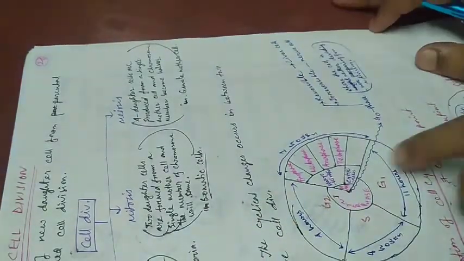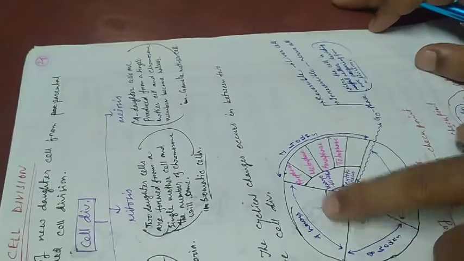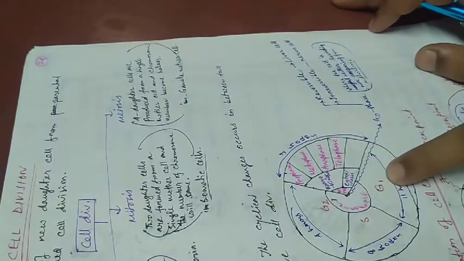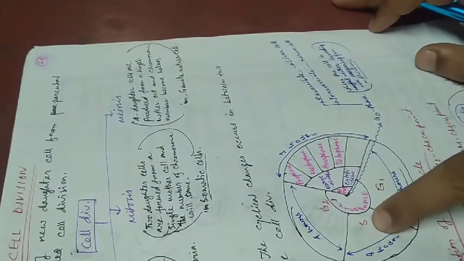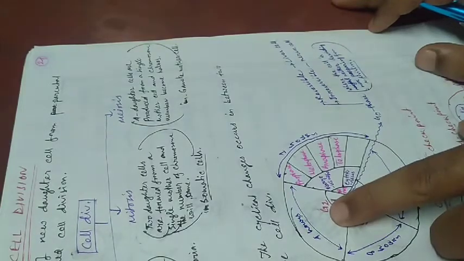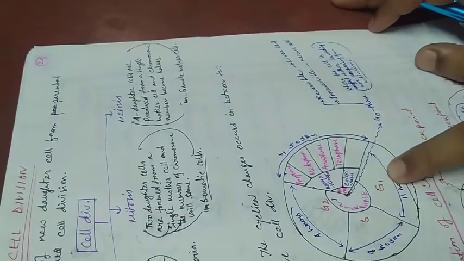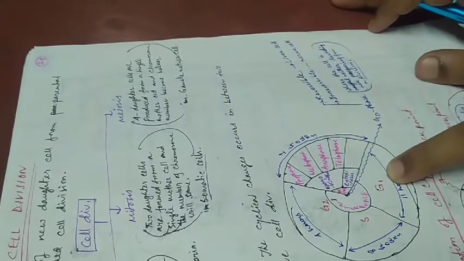We can also separate interphase into three parts: G1 or growth 1 phase, S or synthesis phase, and G2 or growth 2 phase. At first, the G1 phase.